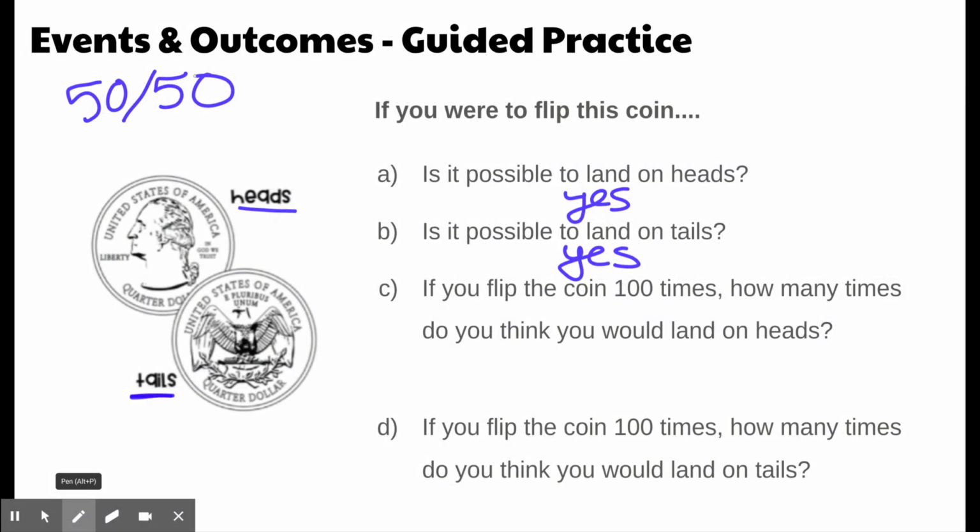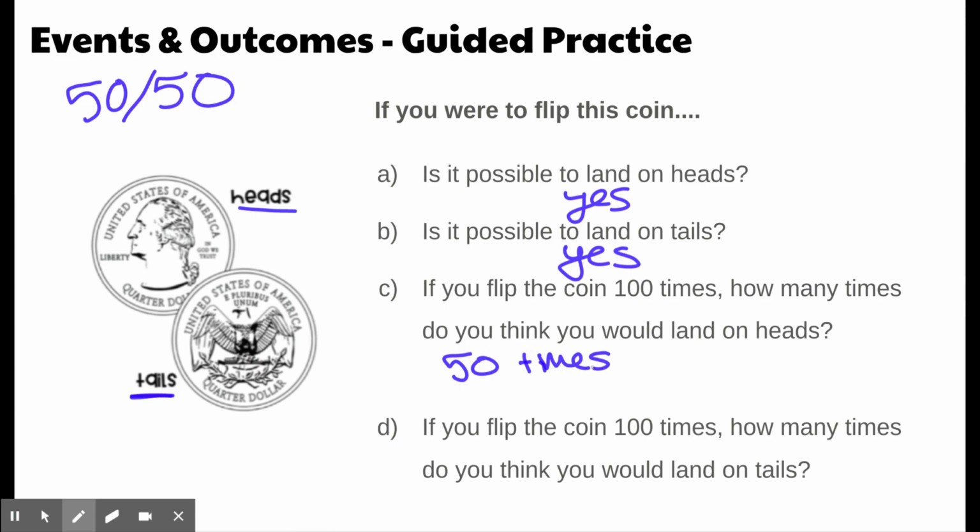It's not a guarantee, but because it is a 50-50 chance, you would think that you would do it about 50 times because that's half. Because our chance is 50-50, or in other words, a 1 in 2 chance.